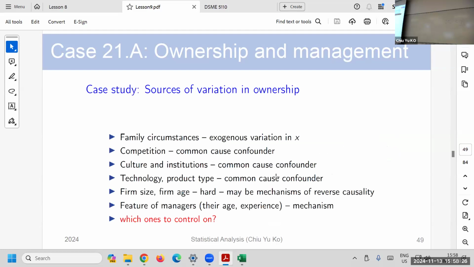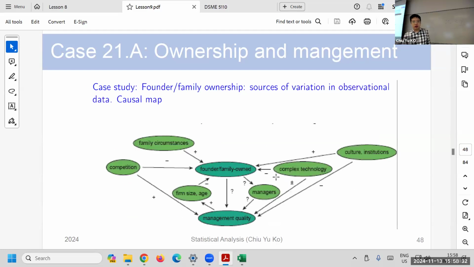So this family circumstance is an exogenous variation, because whether the family owner has a son or daughter or not is something that is really out of the question of management quality. The firm is good, you have a kid, it's probably far-fetched. So should you control this one?